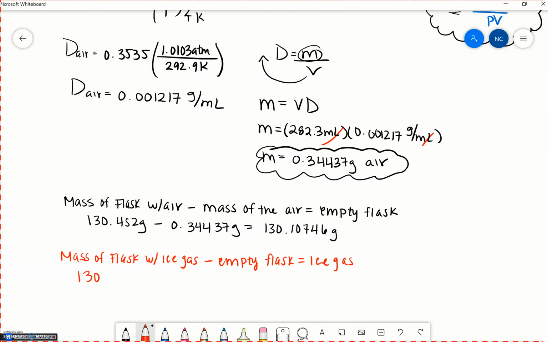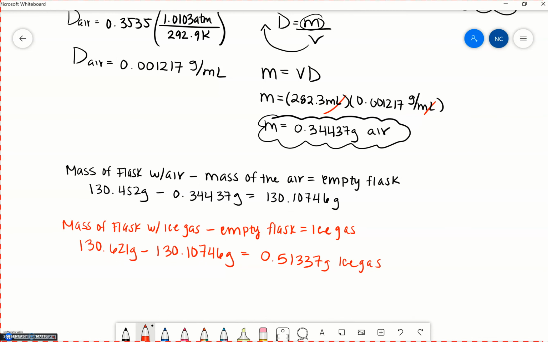So that's 130.621 grams minus 130.10746 grams. When you do that, the answer you should get is 0.513337 grams. Okay.